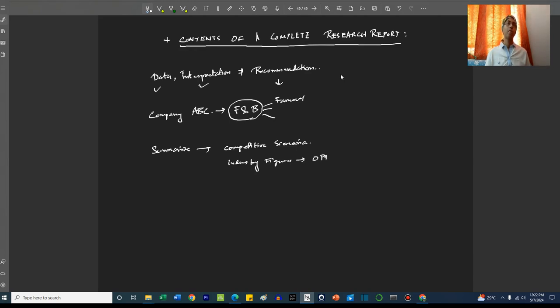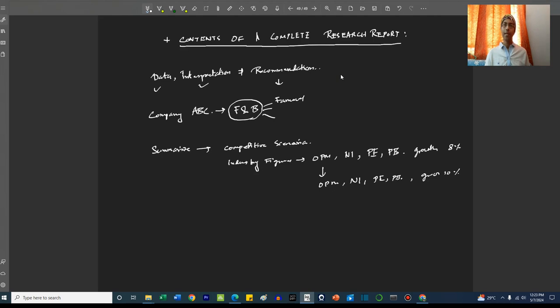Profit margins, operating profit margins, net income margins, P/E ratios, P/B ratios. These are all industry level figures that we might mention here, and compare them with ABC's operating margins, net income, P/E ratios, P/B ratios, etc. We may also look at the growth of the industry. Let's say the industry is growing at 8% and this ABC company is growing at 10%. So we make our remarks on that.